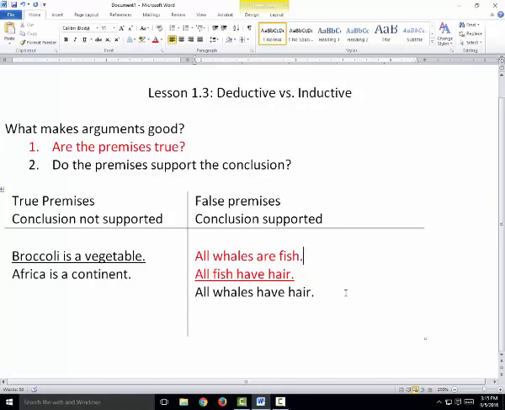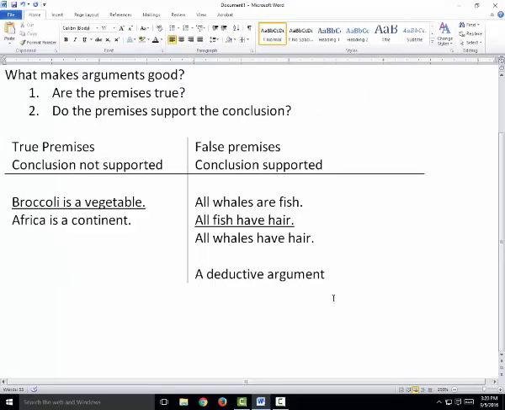They support the conclusion. And the next thing that we need to look at here is the nature of that support for the conclusion. This argument is an example of what we call a deductive argument. And deductive arguments are distinguished from inductive arguments by the way in which the premises are supposed to support the conclusion. That is to say, one way to distinguish between deductive arguments and inductive arguments is in terms of their success conditions.